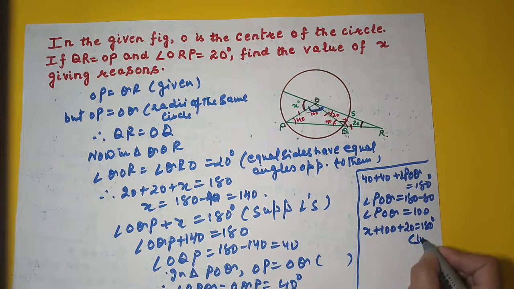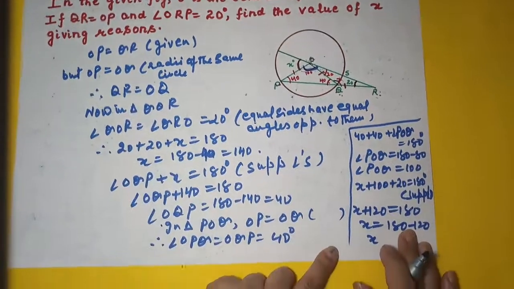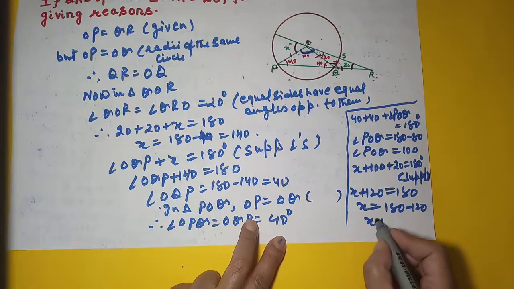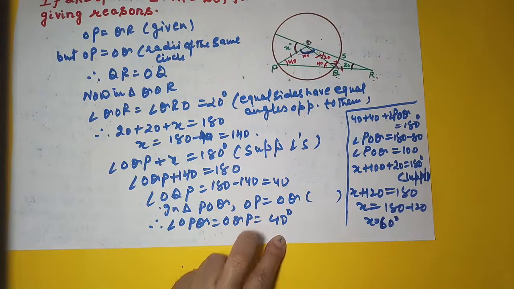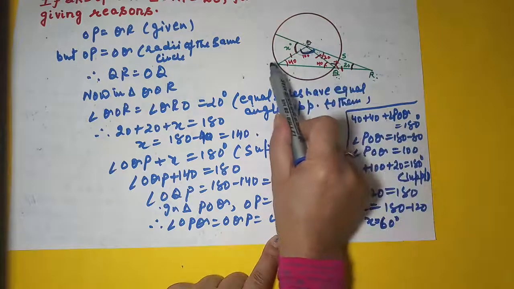Reason, they are supplementary angles. So x plus 120 equal to 180. So x equals to 180 minus 120. So your x is equal to 60 degrees. Done.